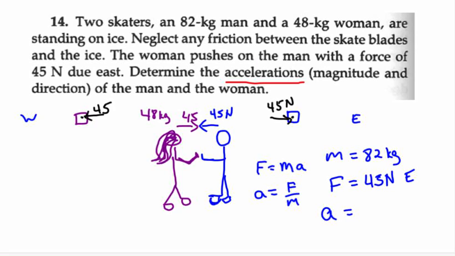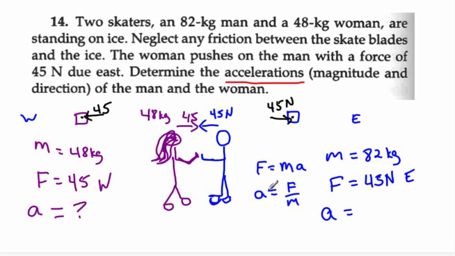And the same goes for her. We can simply say, okay, we know her mass is 48 kilograms. We know that the force acting on her is 45 newtons, and it's going to be in the opposite direction of what force she applies to the man. So if her force to the man was east, the force acting on her would be in the west. And then we have acceleration, and that's what we're trying to find.